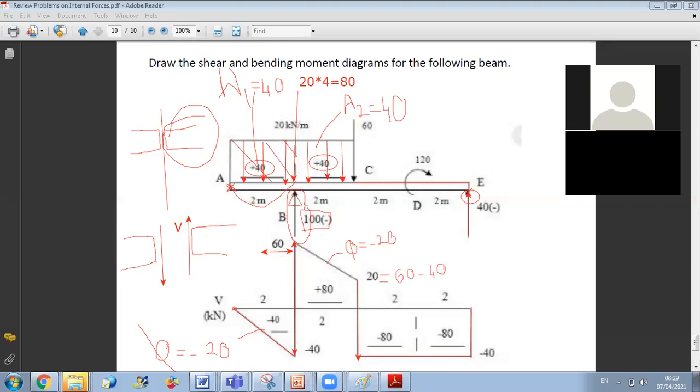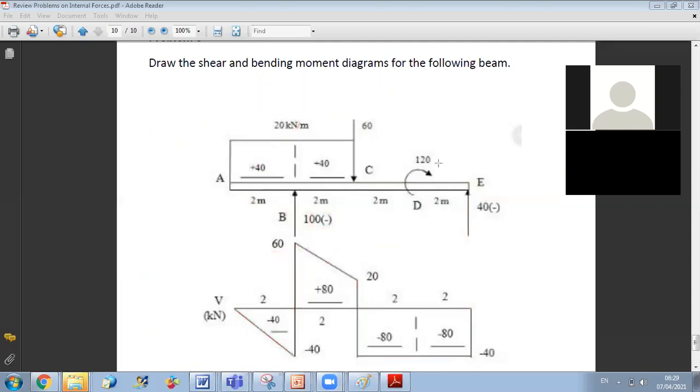Now, I will do the same analysis to draw the bending moment diagram, and I should look at whether I have any couple. Here, yes, I have a couple at D. So I should keep in mind that because I have a couple at D, and it's a clockwise couple, the clockwise couple will lead to a positive jump. So at D, I should do a positive jump.